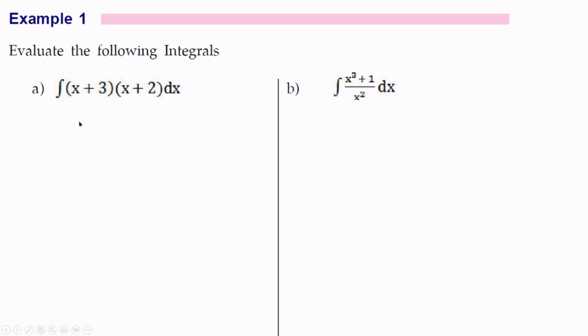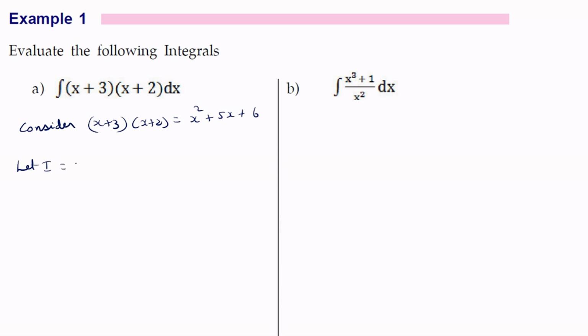Evaluate the following integrals. The first one is integral of x plus 3 into x plus 2 dx. So let us consider x plus 3 into x plus 2. It is nothing but x square plus 3x plus 2x, which is 5x, plus 3 into 2, 6.